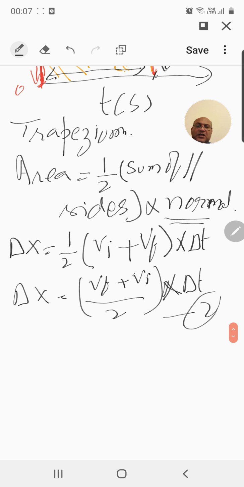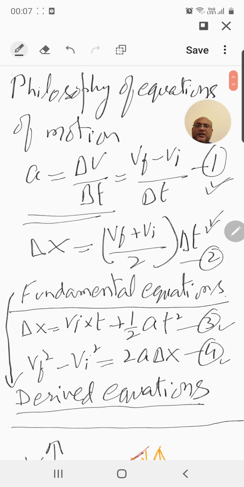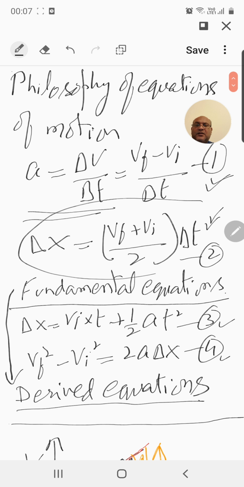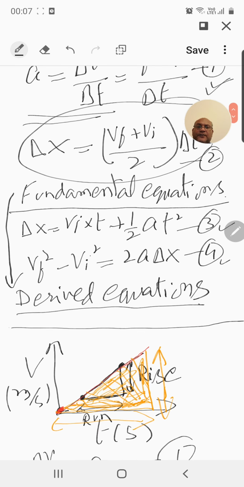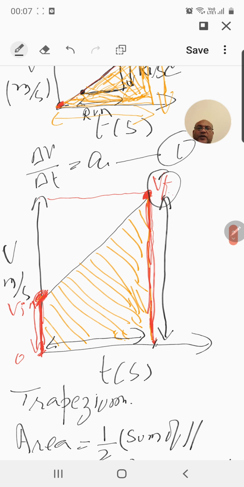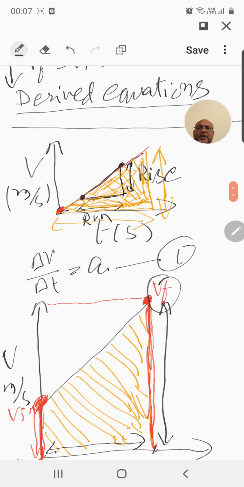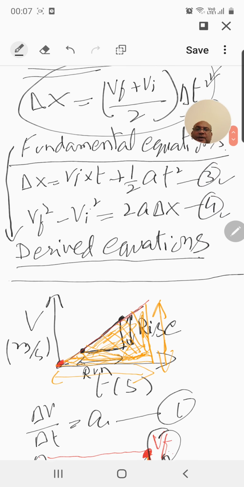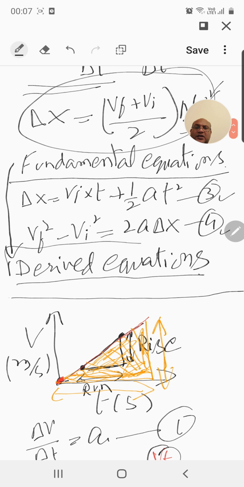This is your second fundamental equation here. So why are these two equations called fundamental equations? Because you have obtained them directly from the velocity time graph. And how do you obtain the derived equations?